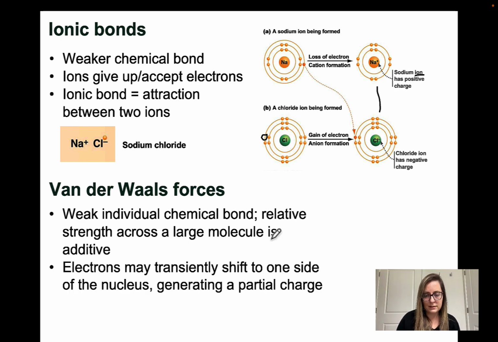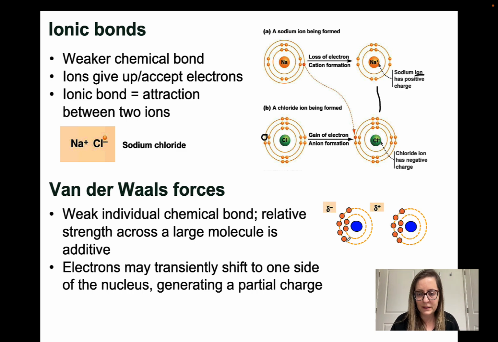So electrons may transiently shift to one side of an atomic nucleus, and this can generate a partial charge. And so I'm showing that here. So here we have an atom, and these electrons can orbit around the nucleus, but there's a time in which these might all orbit to the right of the atomic nucleus.